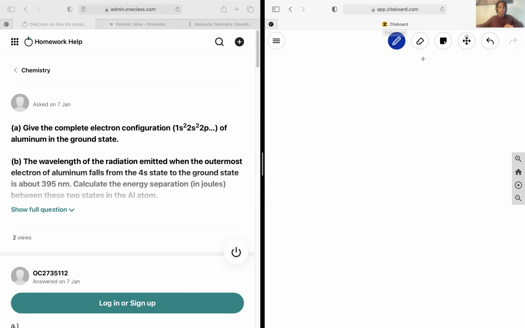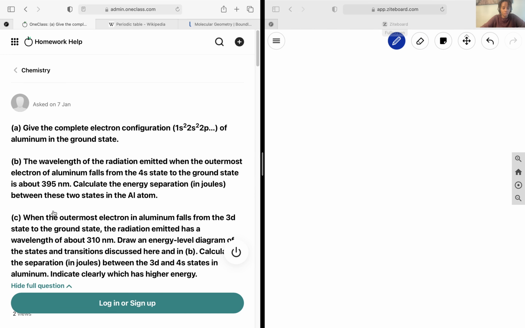Okay, for our next question, we want to complete the electron configuration for aluminum. So similar to exactly how we did before, we can just write in Madelung's rule again.